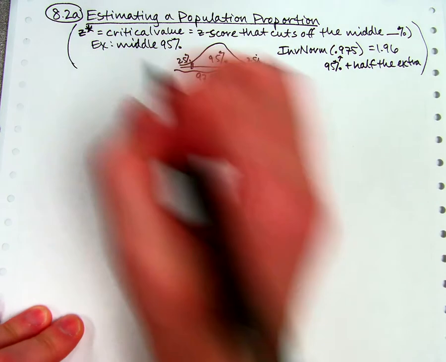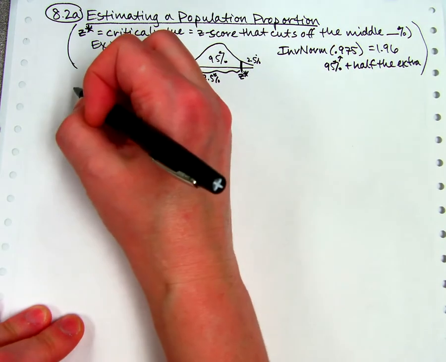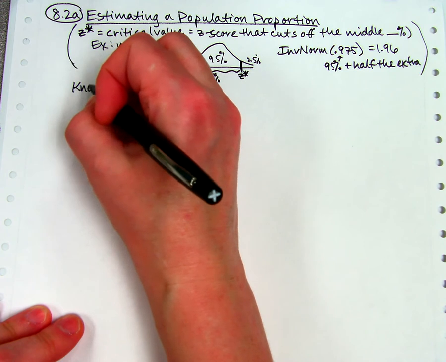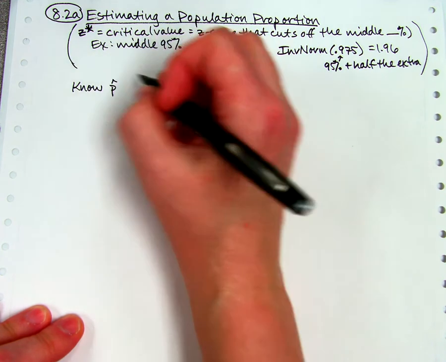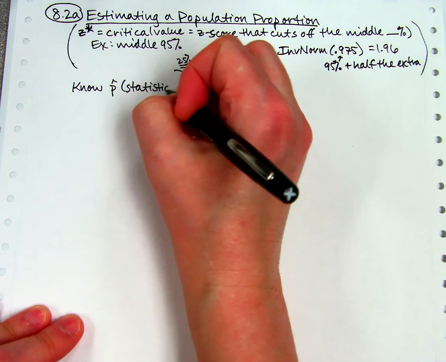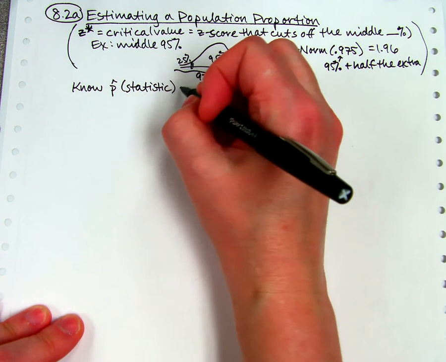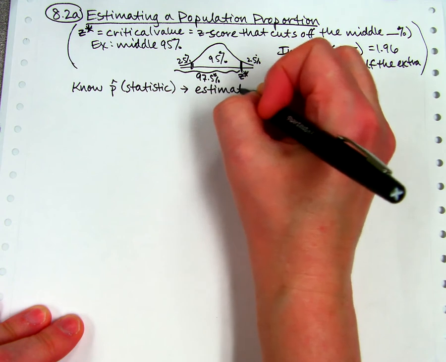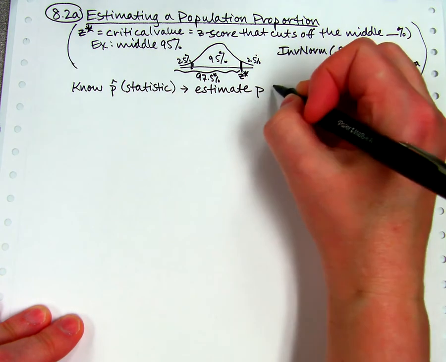But let's move on. What we are talking about in this lesson 8.2 is knowing p hat, which is our statistic, and we are going to use it to estimate the value of P, which is the population parameter.